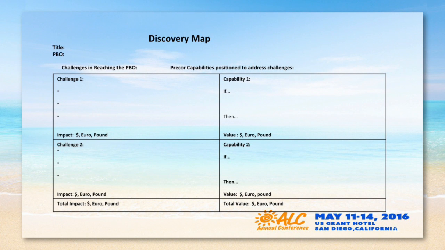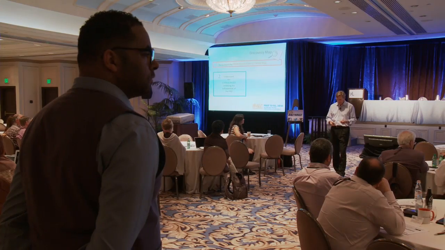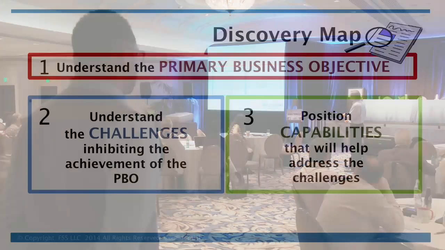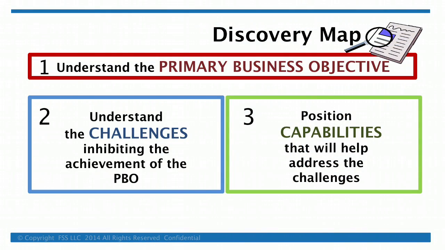Okay, fantastic. And when we ask those questions, do we understand if they don't make a change, what's the impact? So we've got to be careful. We've got to come in here and understand or paint a picture of how we've helped others to do just that. The last part of the discovery map is what capabilities do you have that help them to address the challenges?